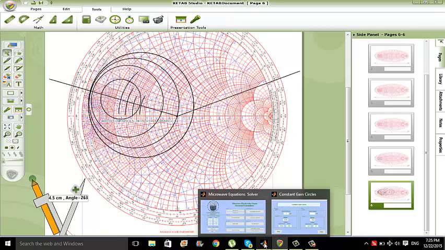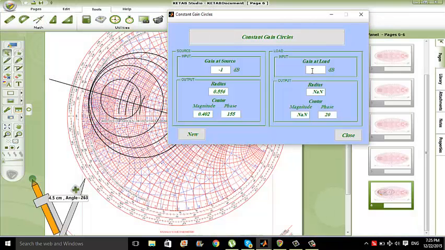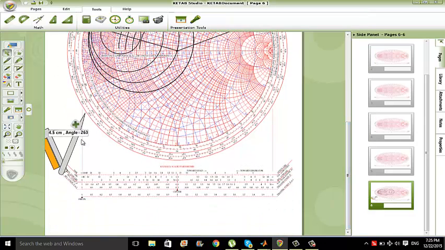And now we will go back to the calculator to get the radius and the center of the 1 dB constant gain circle at the load. We start from 1 dB because the maximum power gain equals 1.3 dB. The radius here is 0.107 and the center equals 0.454.